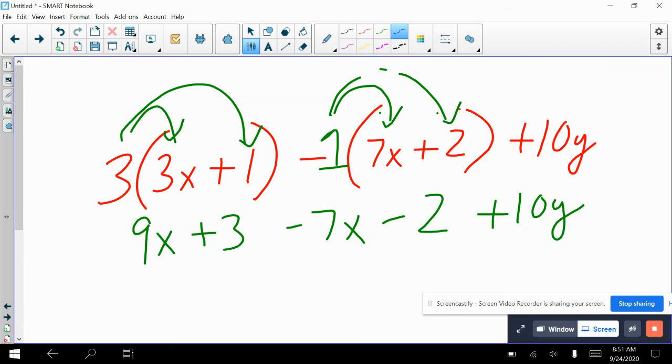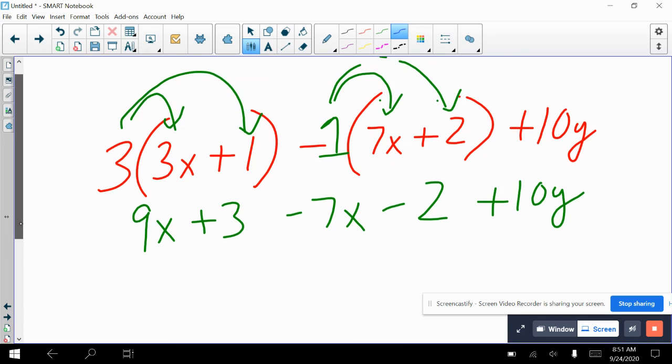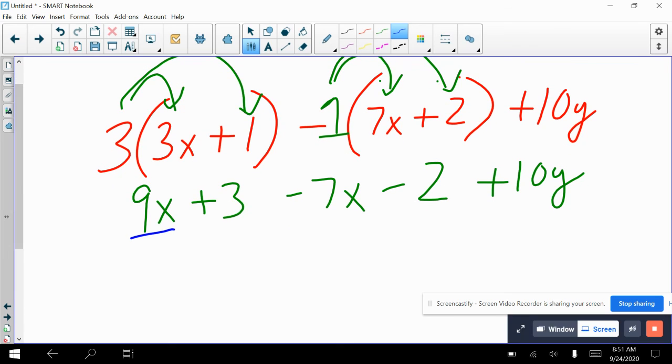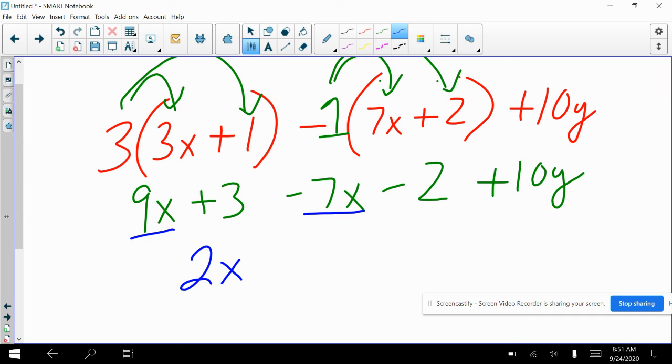Can we combine anything? Yes, we're going to combine 9x and negative 7. So what's 9 minus 7? Okay, now this is where you got to be careful. Remember that x is still attached. That's part of the piece of fruit.